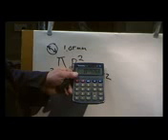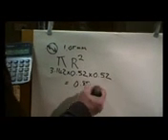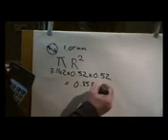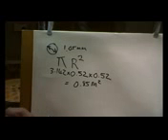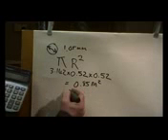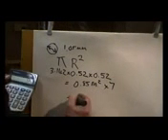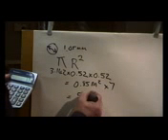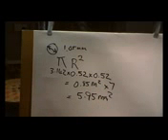So let's call that 0.85 millimeters squared per strand. Then we need to multiply that by 7. We'll multiply by 7 equals 5.95 millimeters squared. So it's 6 mil cable.